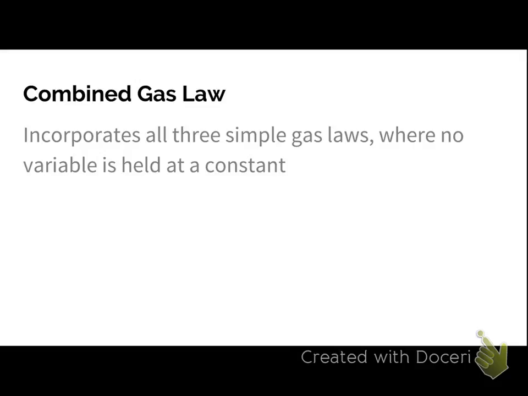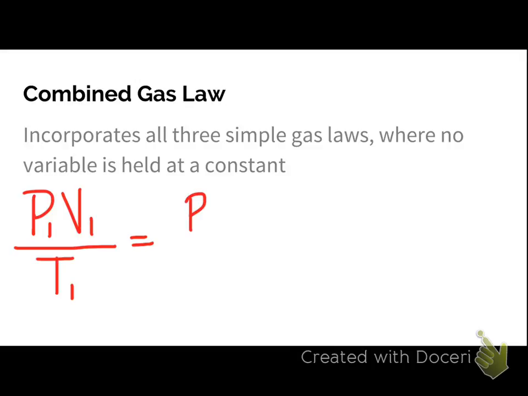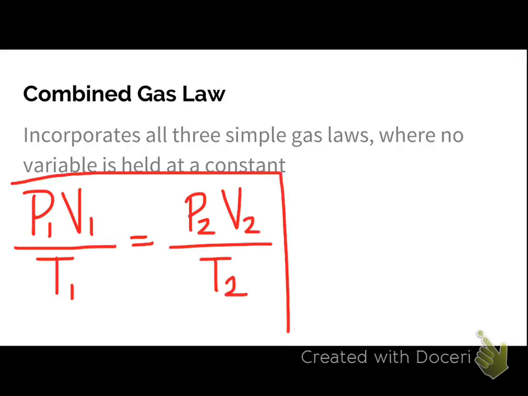So if you remember, your pressure and your volume were inversely proportional to each other, but both of them were directly proportional to your temperature. So all we're doing here is combining our equations. So here's what we got. This is your 4th equation that you need to be familiar with.